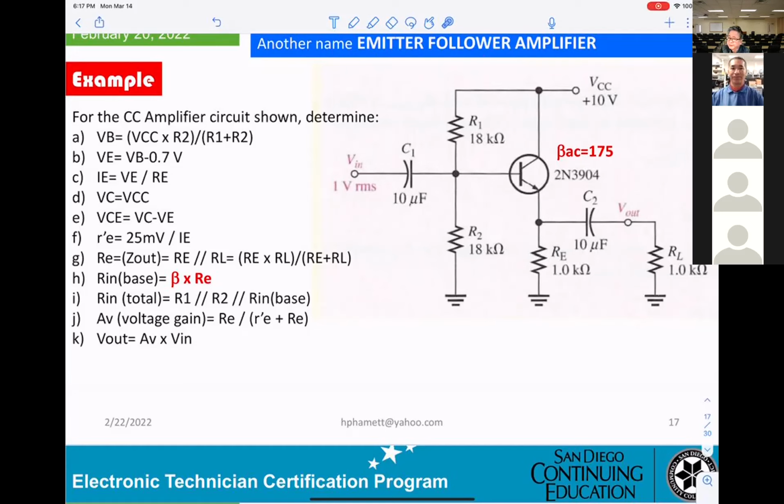Let's see, I can give it to you: VB equals 5 volt, correct? VA 4.3.